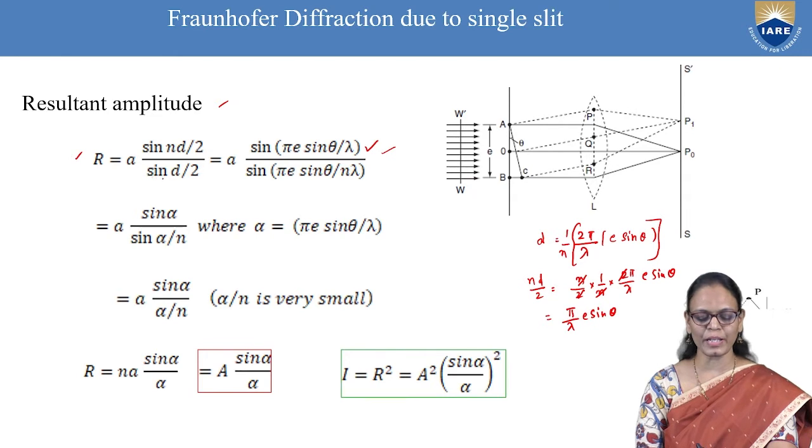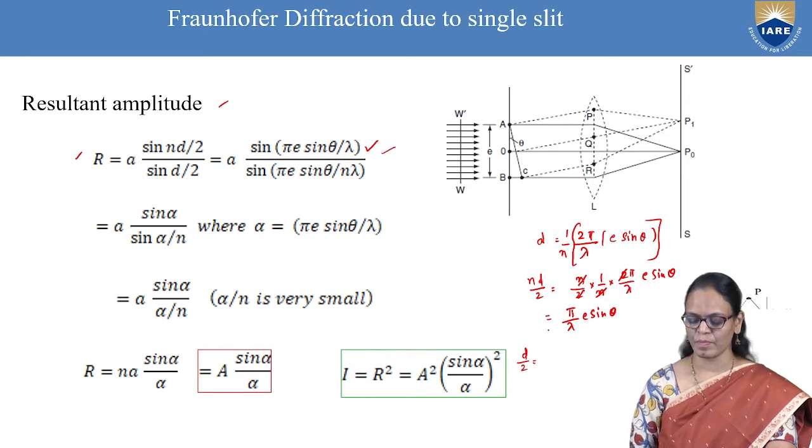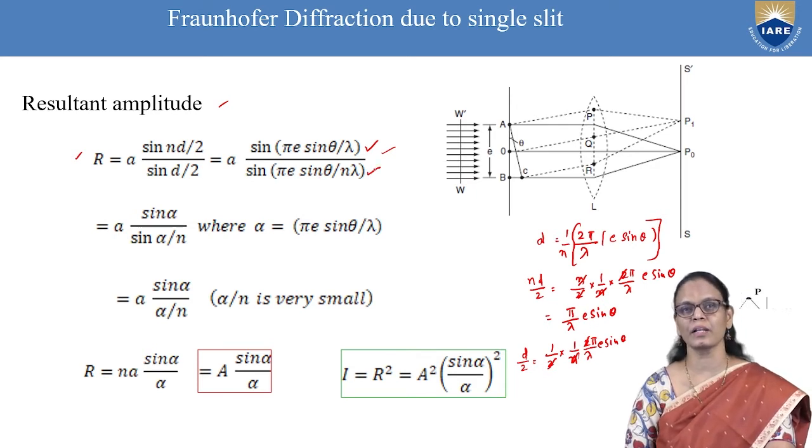Then in the denominator, it is simply sin δ/2. So δ/2 is 1 by 2 into 1 by n, 2π by λ into e sin θ. So 2 and 2 get cancelled, and we have π e sin θ by nλ in the denominator.